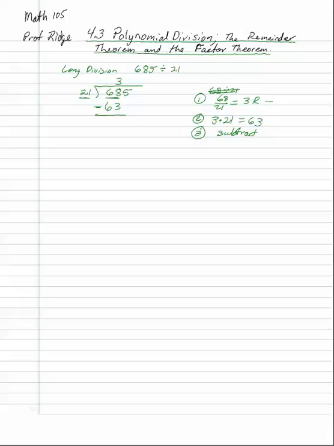So 68 minus 63 is 5. Then we're going to bring down the next number. So it's 5, and then you're going to start over at step 1 again and do this loop again.